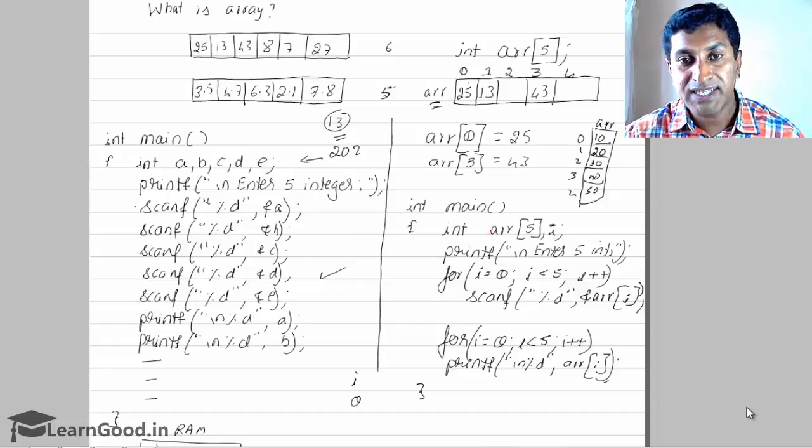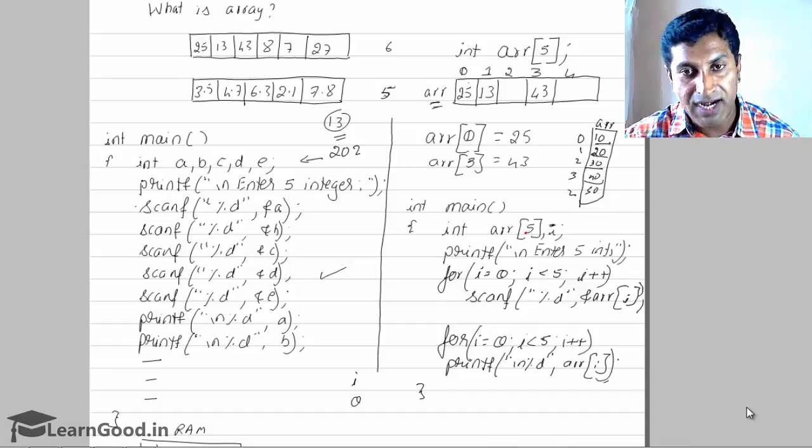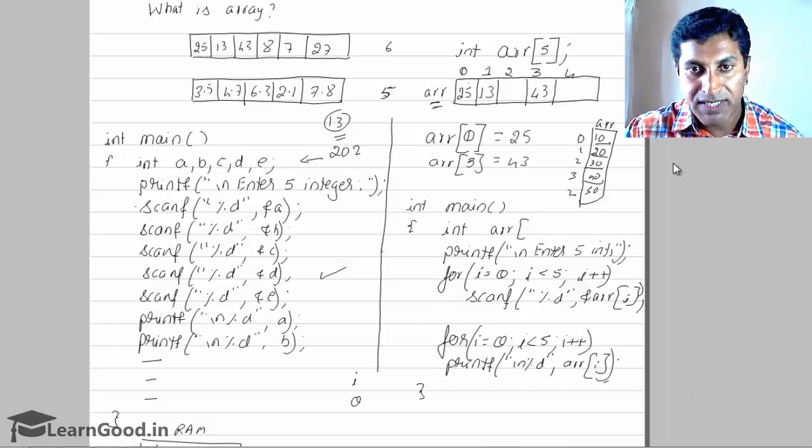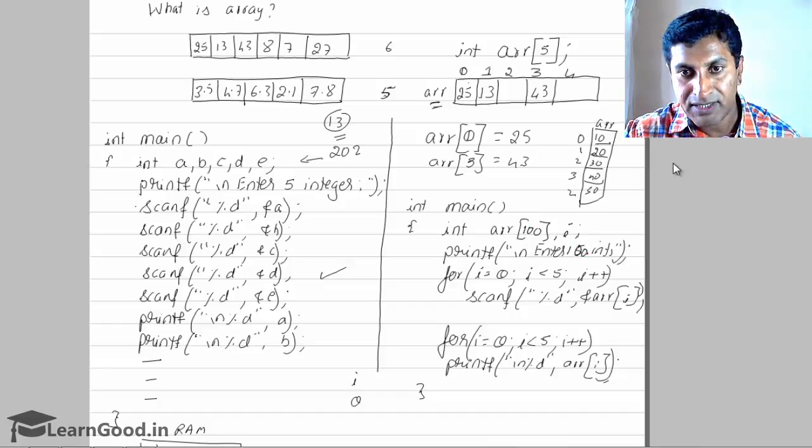Whereas in case of arrays, if you want to read 100 elements, then in the main program, while declaring the array, you can declare it as ARR of 100 and enter 100 integers.